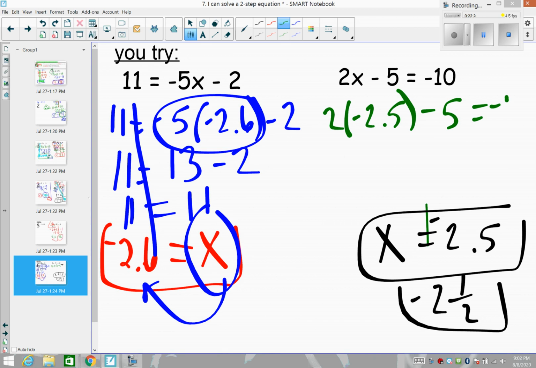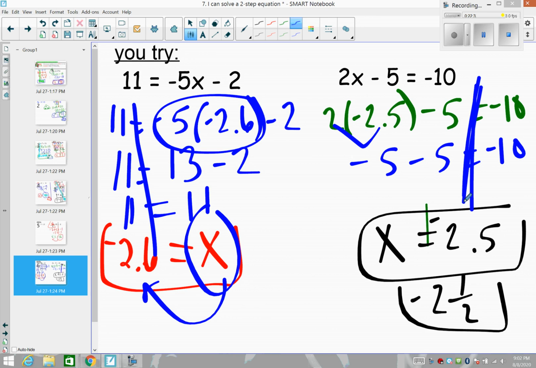Does that equal negative 10? You can use your calculator for sure if you need some help on the steps there. But if we were to tug of war the left side of this, you could see that indeed negative 10 equals negative 10. So we know that the solution to the equation, negative 2.5, is the solution for x.